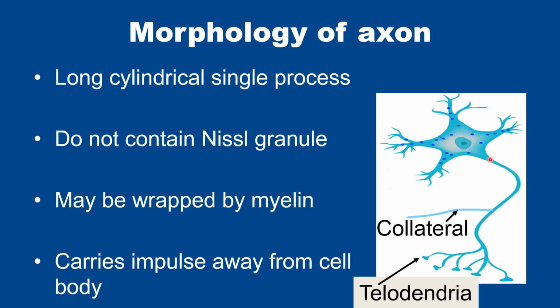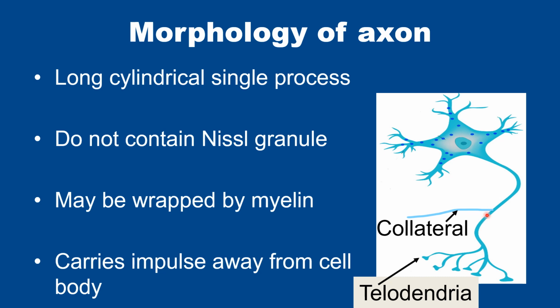The axon is a single long process arising from the base of a neuron. The length may be up to 1 meter. The axon contains all cell organelles except the Nissl granules.